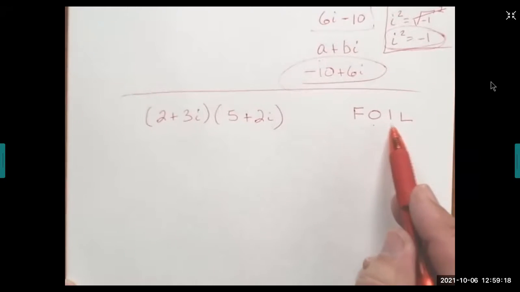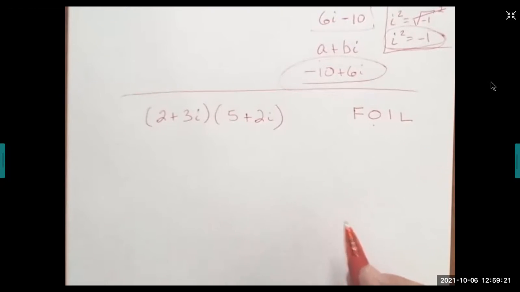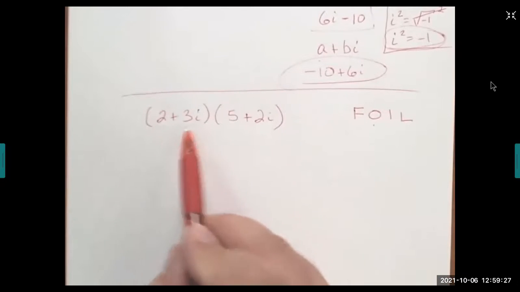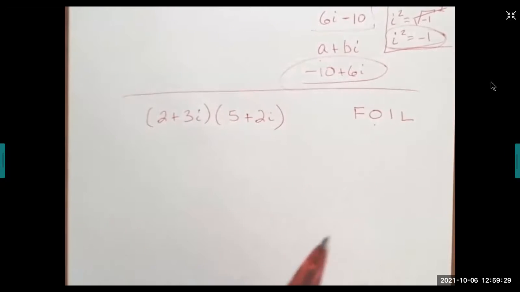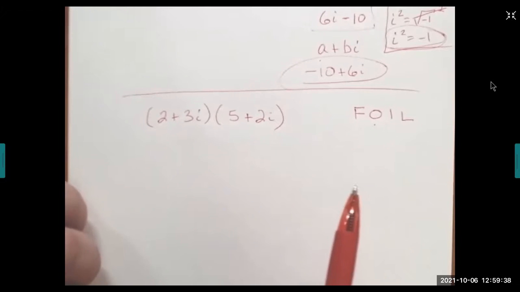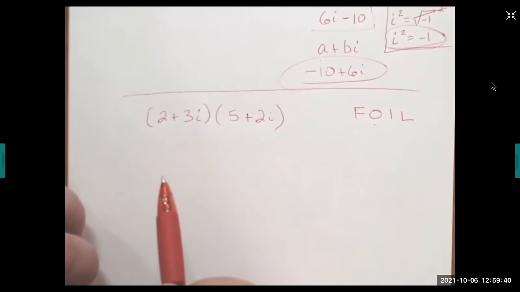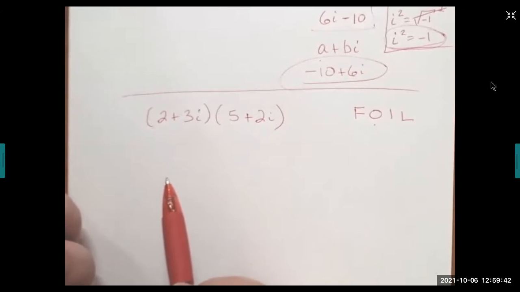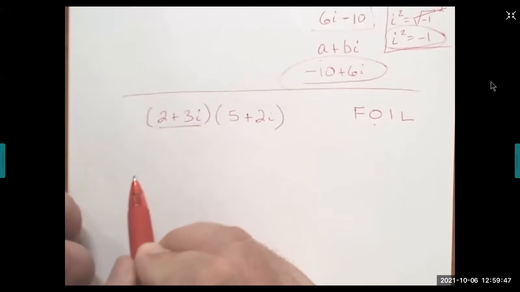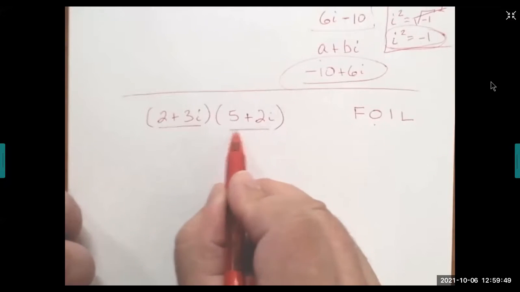First, outer, inner, last. FOIL method only works if you have binomials. In other words, each one of your parentheses only has 2 terms in it. No more, no less. So basically, what this method really tells us to do is distribute. Everything in this first parenthesis multiplies to everything in the second parenthesis.